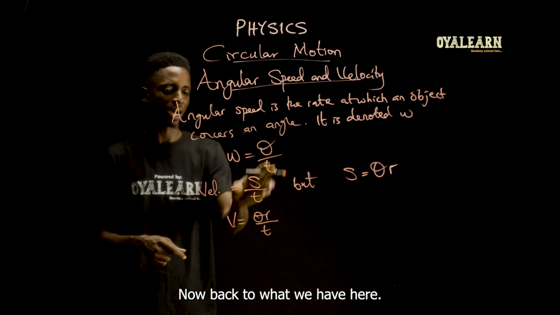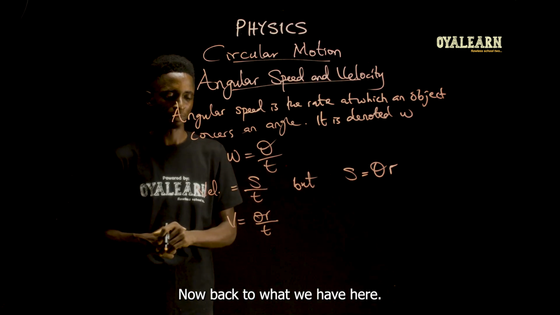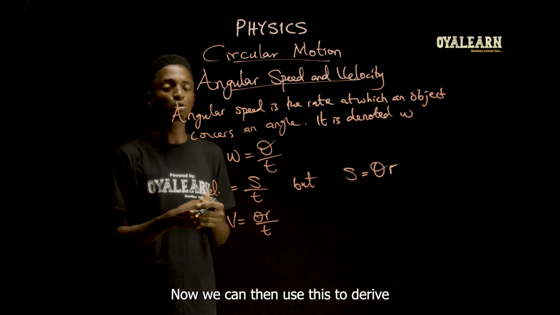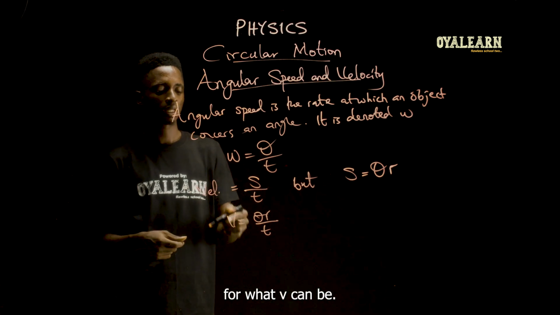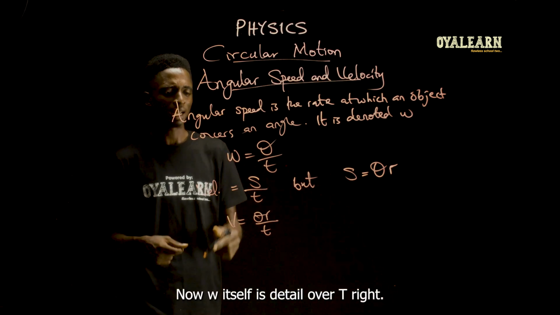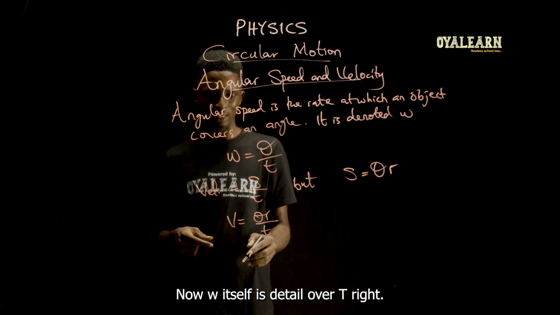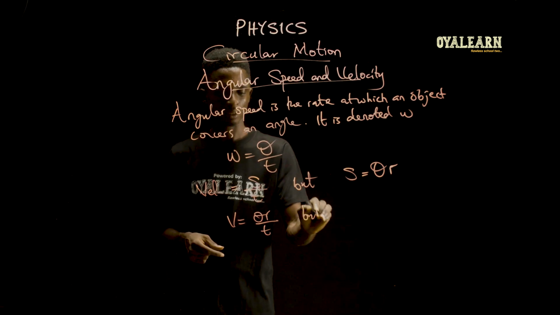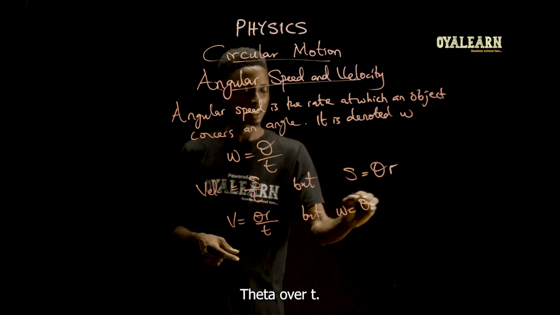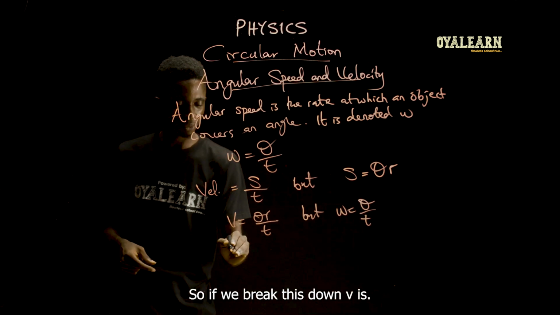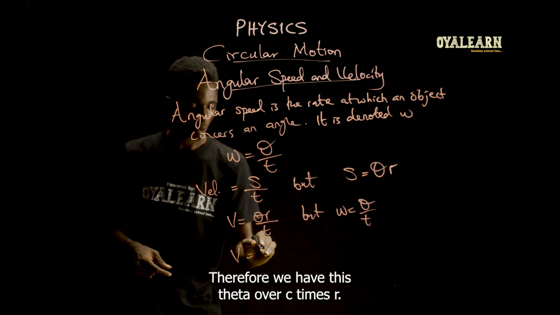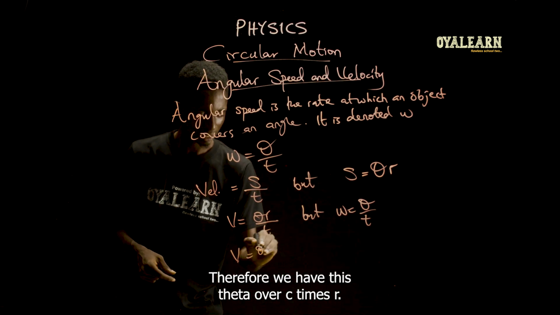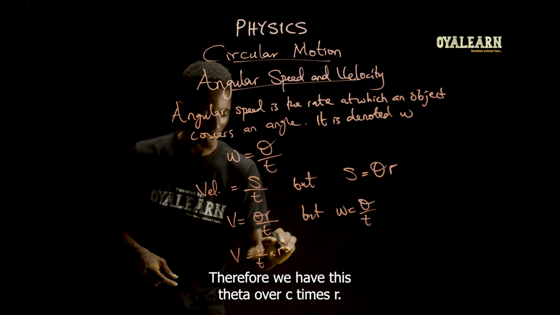Now, back to what we have here, we can use this to derive what v can be. w itself is theta over t, right? So if we break this down, v is therefore theta over t times r.